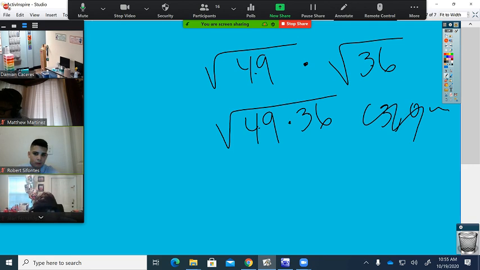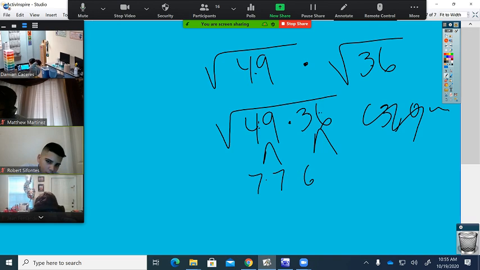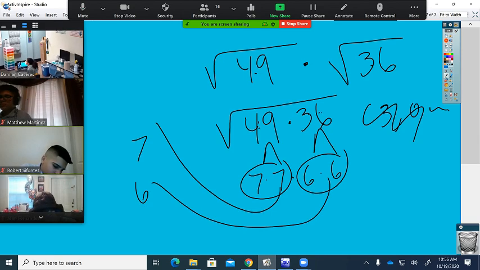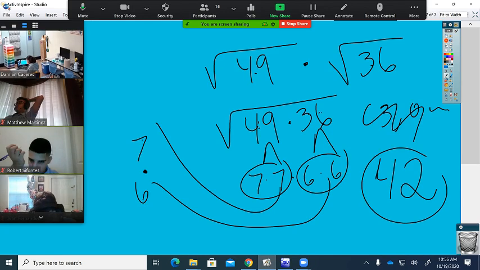Isn't the point of this whole lesson to break things down? You break it down. You don't build the number back up. So right here where you see them, break them down. 49 is 7 times 7. 36 is 6 times 6. The 7 repeats, it comes out once. The 6 repeats, it comes out once. If there's more than one number that got pulled out, multiply that. 7 times 6 equals 42.